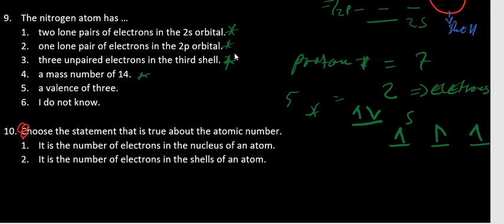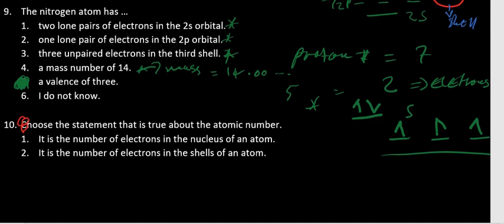The next one is a valence of 3. So the valence is coming from those 3. So the answer is simply that one. Here, I'm sure it was supposed to be a mass of 14. But when you look at nitrogen, it has a mass of 14.00 something there. Okay. All right.